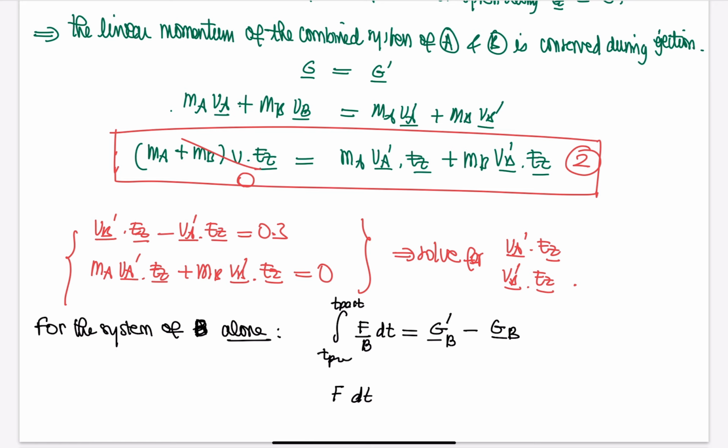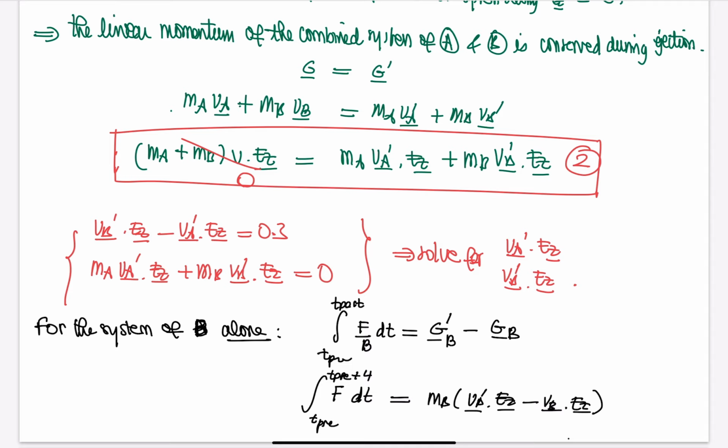The integral from, basically they said that the ejection is taking 4 seconds. So I have some time 0 and then time 0 plus 4 seconds, where time 0 is just the time pre-ejection: t pre-ejection and then t pre-ejection plus 4 seconds. And that's equal to MB VB prime dot EZ minus VB dot EZ.